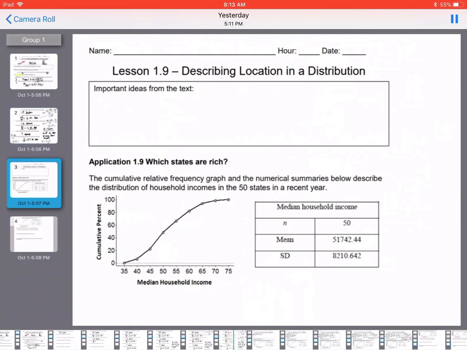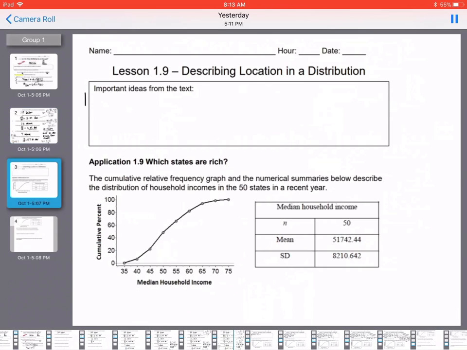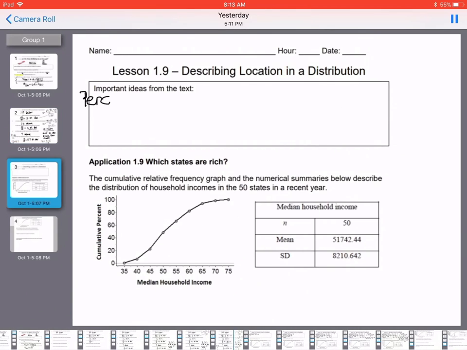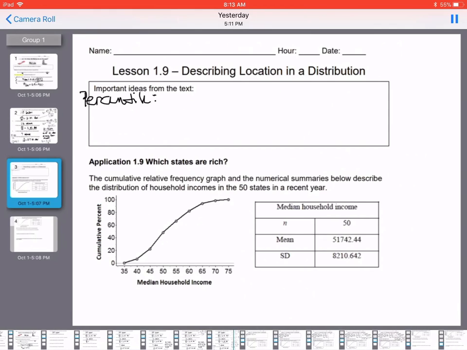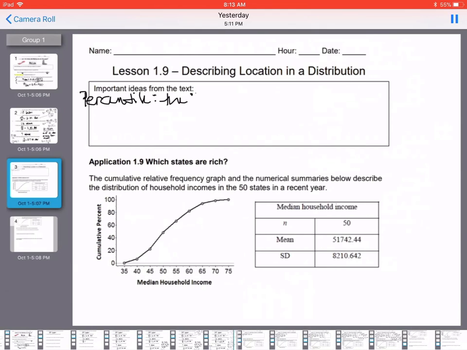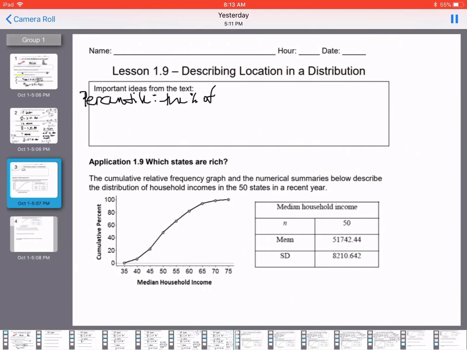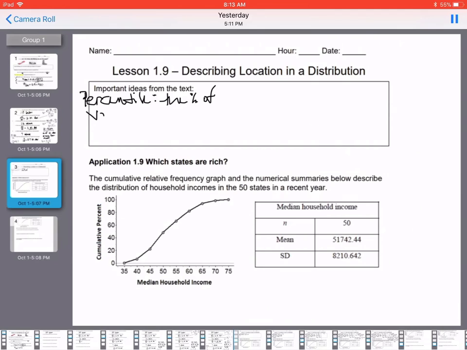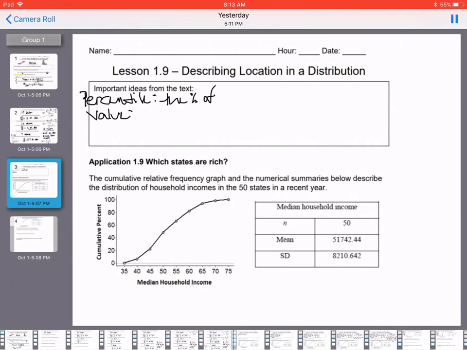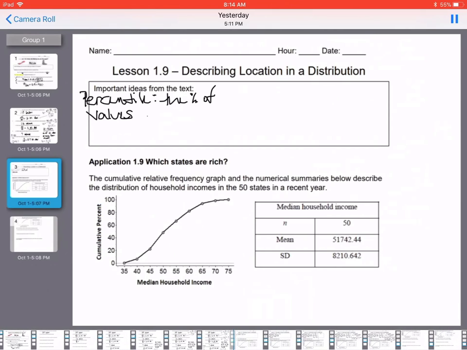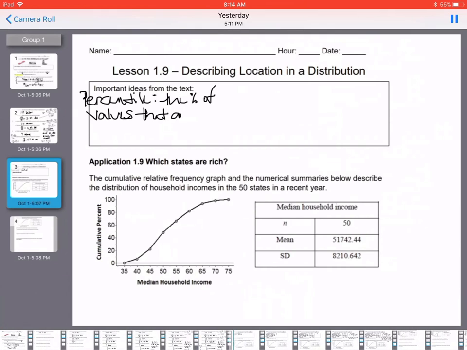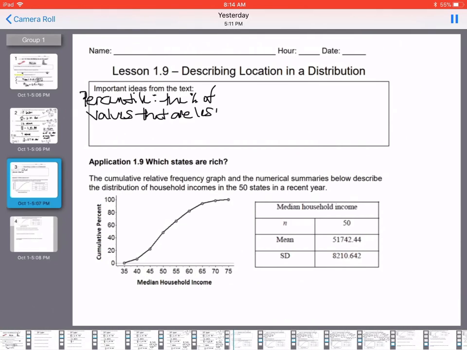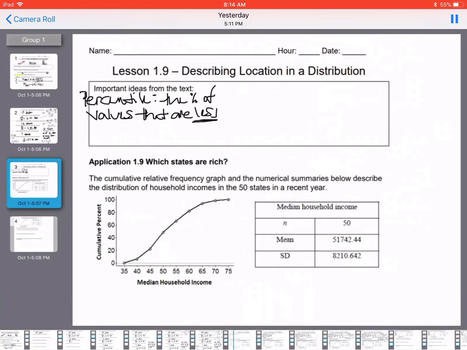Just some important ideas from the text. So the first thing is percentile, which was the first two questions that we talked about, the first question, part A and B, which is the percent of values that are less than the data value.